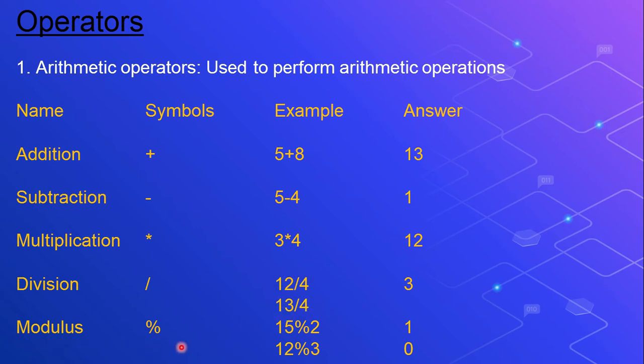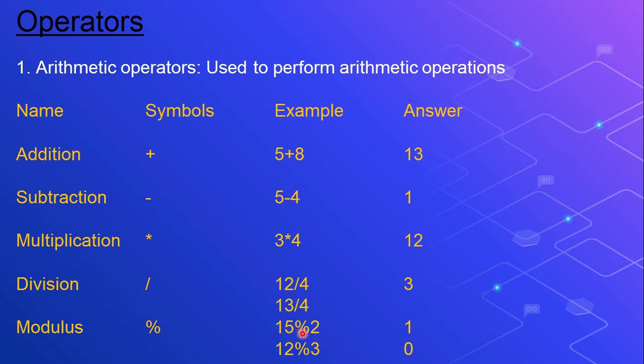Now modulus operator. Modulus operators are used for getting the remainder. See 15 modulus 2. 15 when you divide with 2, you will get the quotient as 7 and you will get 1 as the remainder.